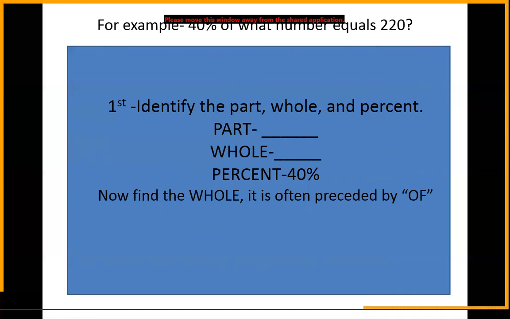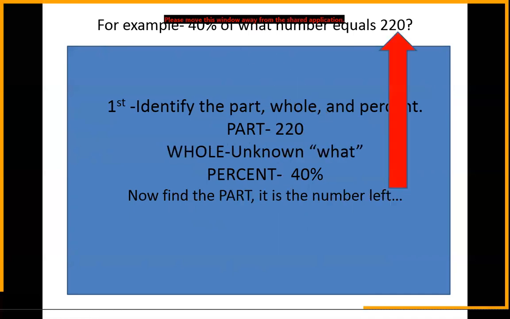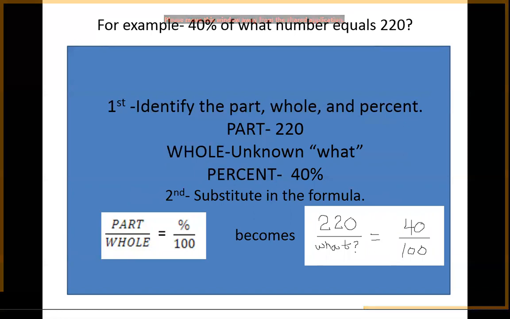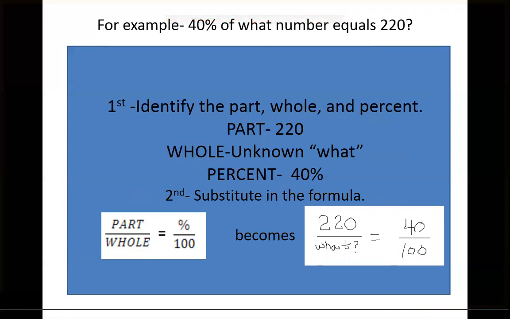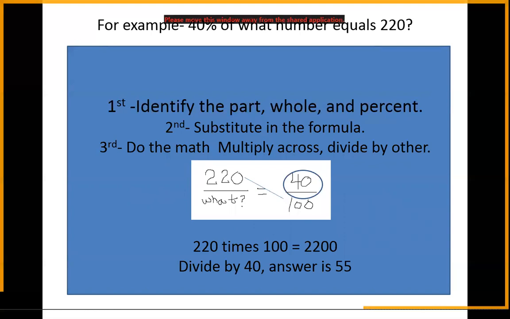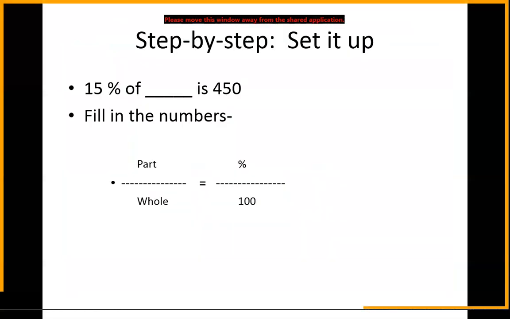That's what we don't know, so that's the unknown, and that means 220 is the part. Now set it up, part to the whole: 220 is the part, we don't know the whole, equals 40 to 100. Then multiply the two across from each other up and down. That's 220 times 100, divide by 40, and the answer is 55.